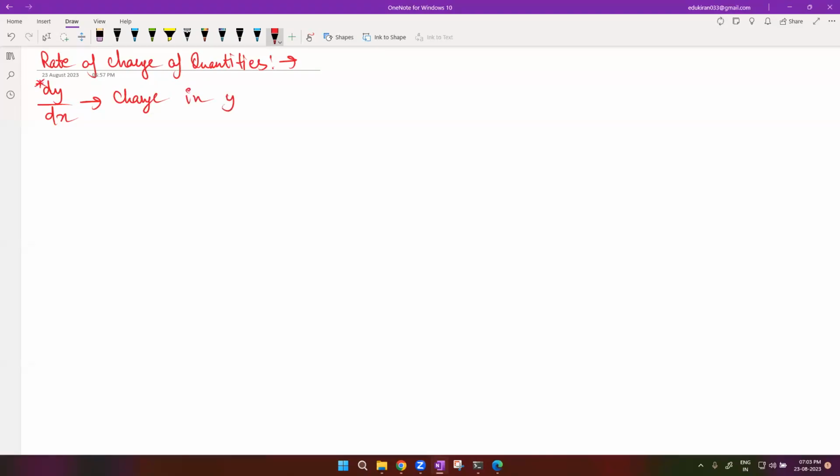You want to understand how change in one variable is impacting another variable when they are both related by some kind of function or expression.